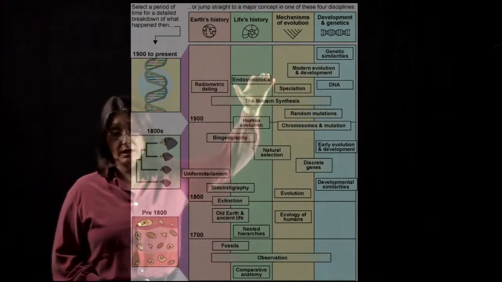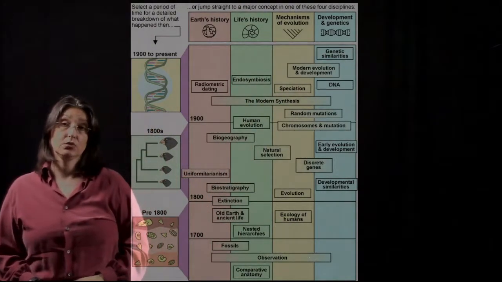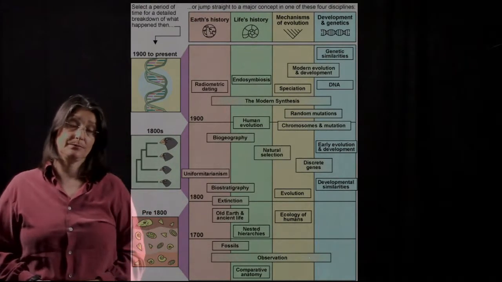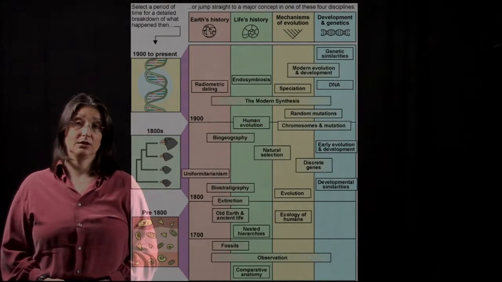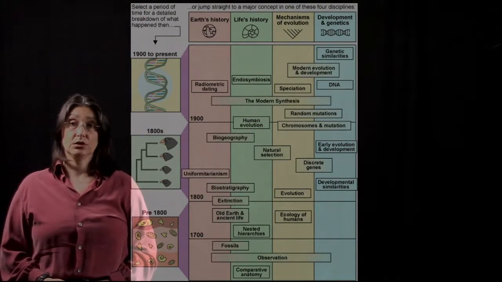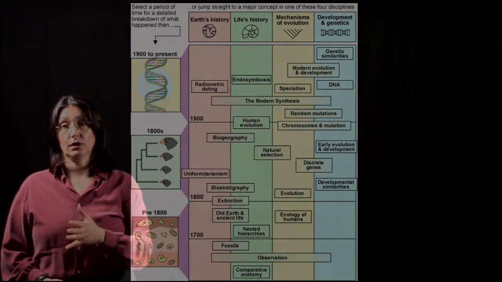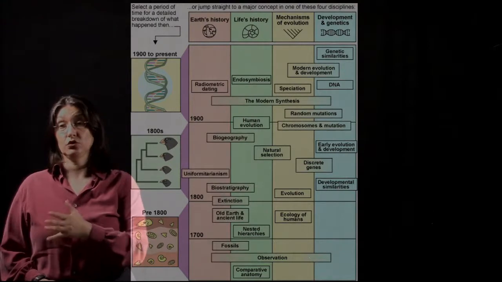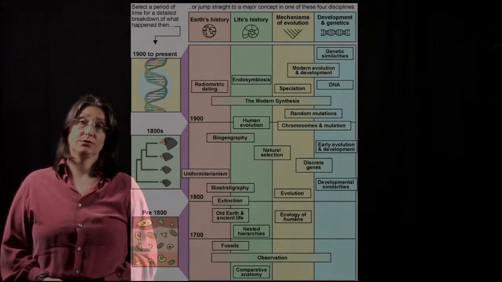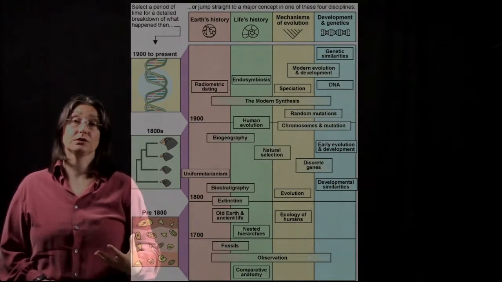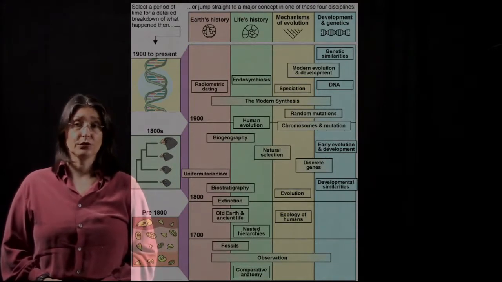Sometime in the middle of the 20th century, we got this idea of endosymbiosis, which refers to the fact that mitochondria and chloroplasts evolved as endosymbionts. They were probably separate entities, unicellular, bacterial-type, prokaryotic organisms that had been engulfed by another larger similar organism for food.